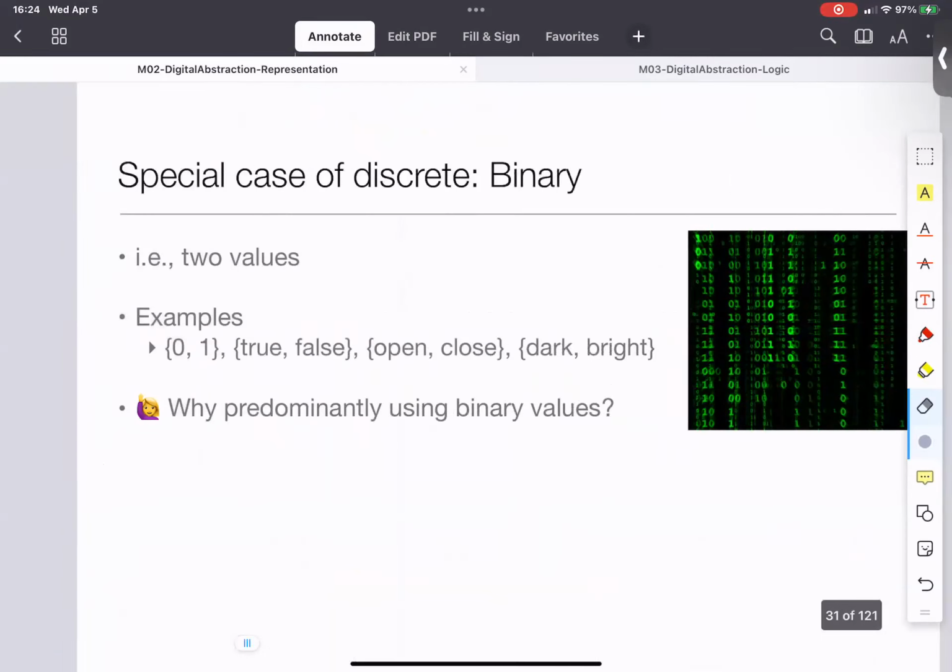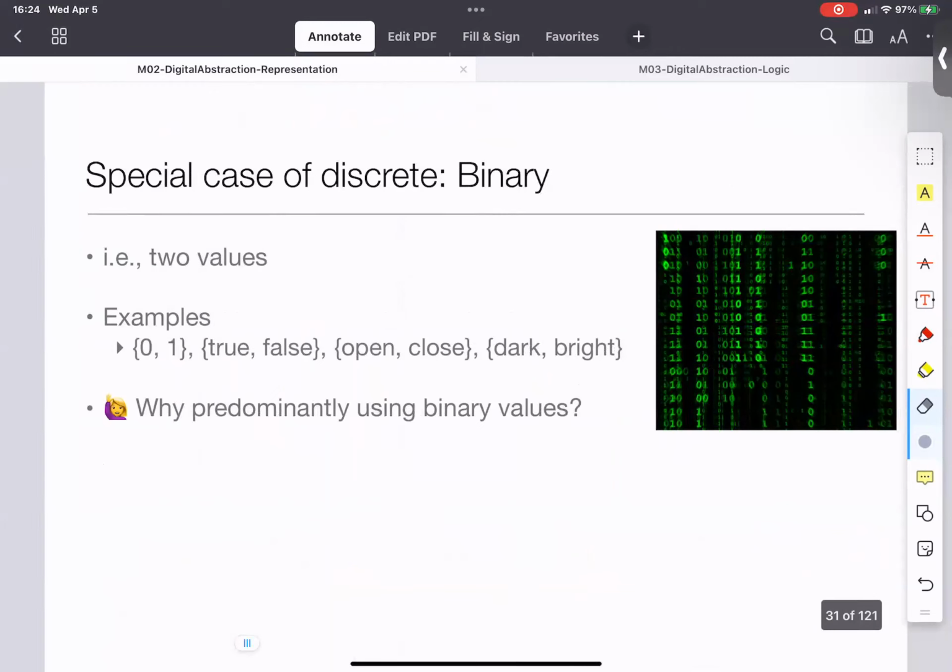So now let's focus on the special case of binary values, which is what most of our actual computers operate on. Again, not all, I must emphasize that. Binary means we have two values, and a lot of physical phenomena are intrinsically two-valued, like the example I gave of a door being open or shut. There, the mapping between the real world and the bits you process is kind of obvious.